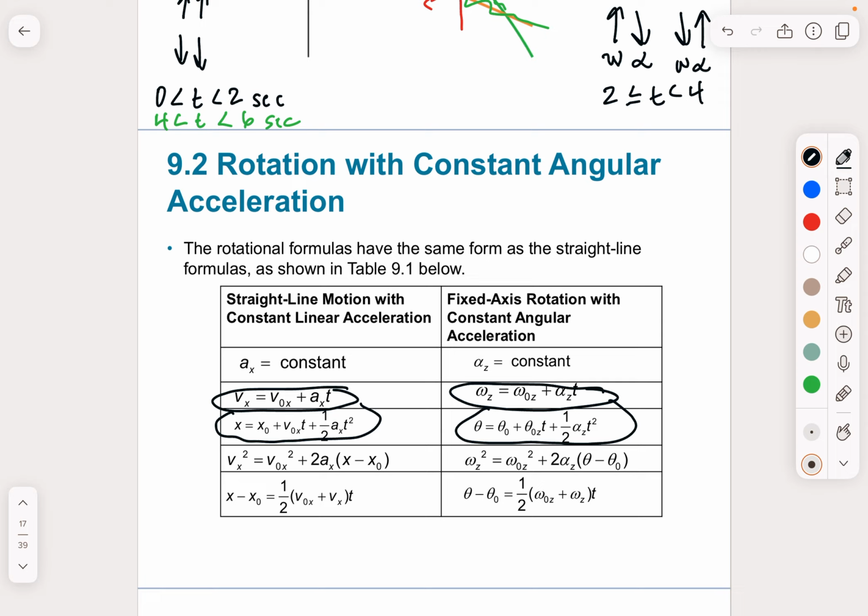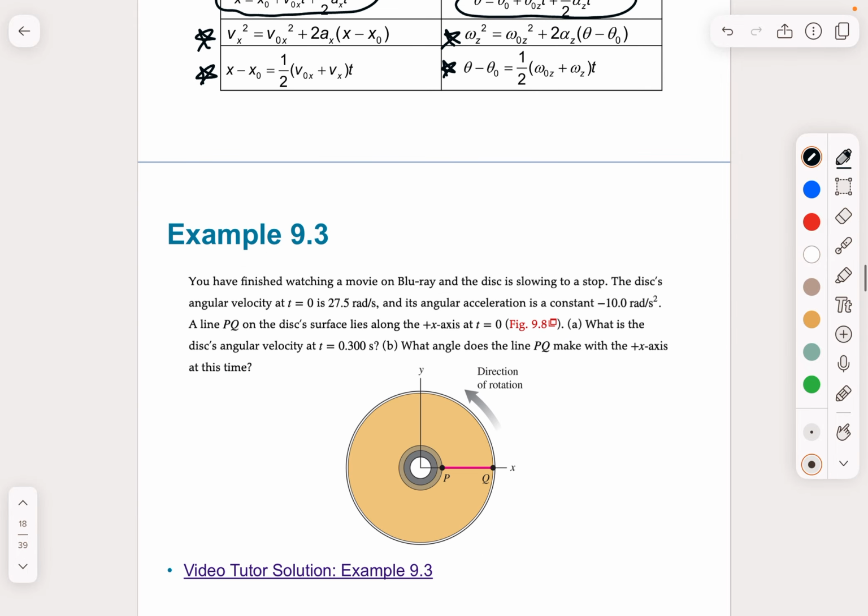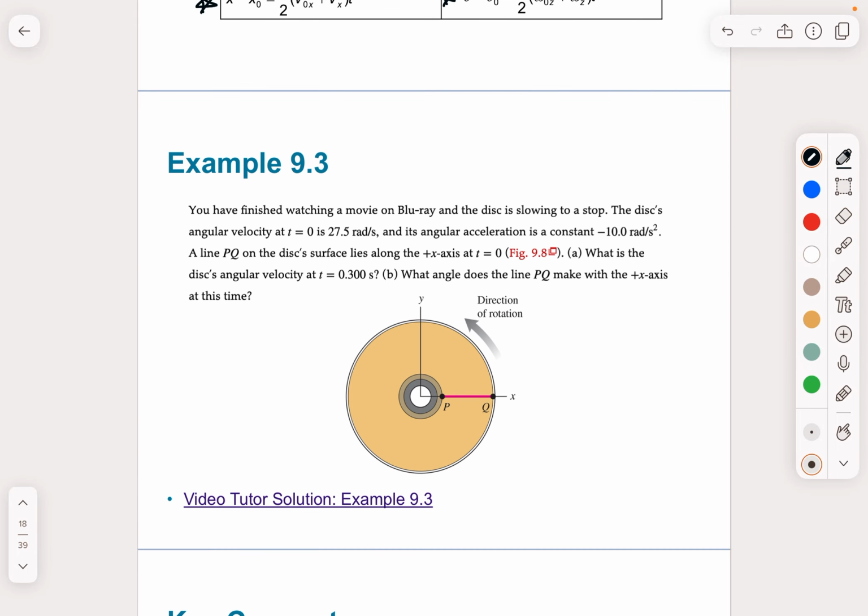And then you have your other auxiliary relationships that can be developed based on combining those two equations, and that's these two right here, which you'll recognize. So in situations where you have constant angular acceleration, you can just use your toolbox of kinematics. That's what I want to work on with you, okay?